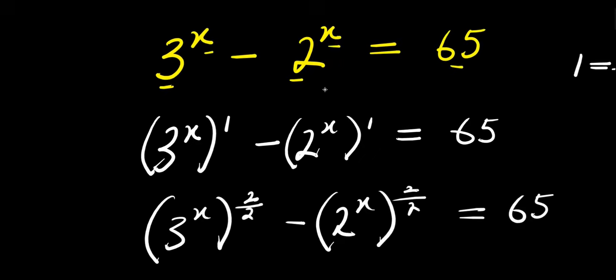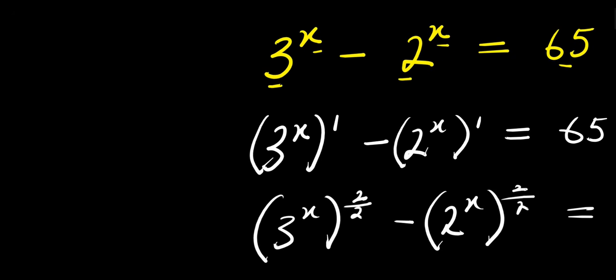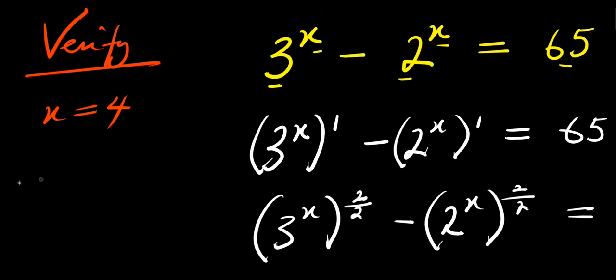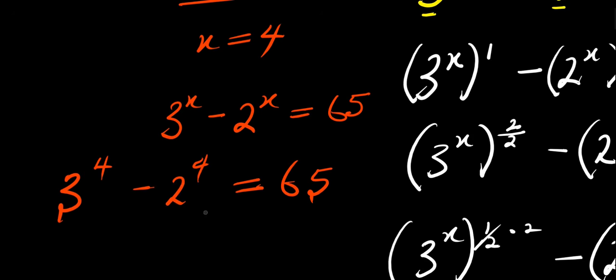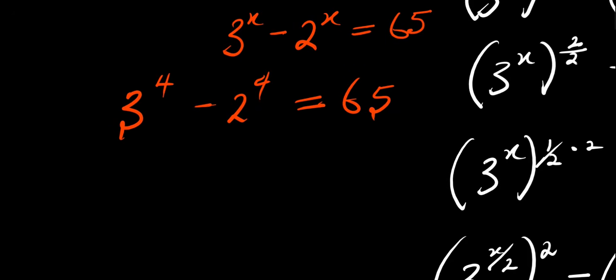You can as well verify your solution. Let's quickly verify. x equals 4, so we have 3 power x minus 2 power x equals 65. Our x is 4. 3 power 4 minus 2 power 4 equals 65. 3 power 4 is the same thing as what?